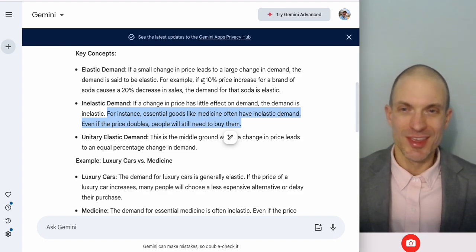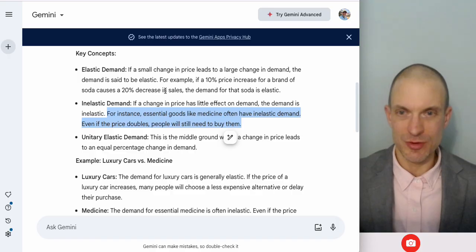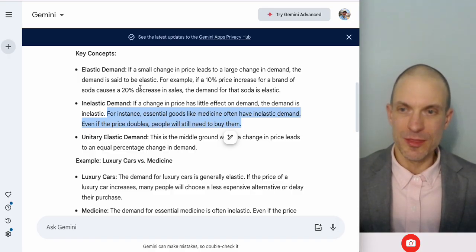So the more obvious thing to say would be, for example, if a 20% increase in a brand of medicine caused a 10% decrease in sales, right? So here they had a 10% increase in a brand of soda cause a 20% decrease in sales. The quantity changes in the numerator, the price changes in the denominator of a fraction.